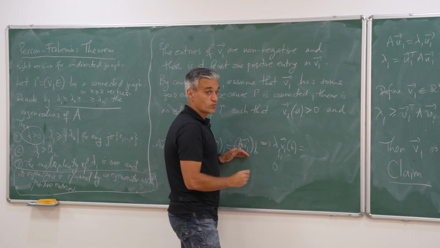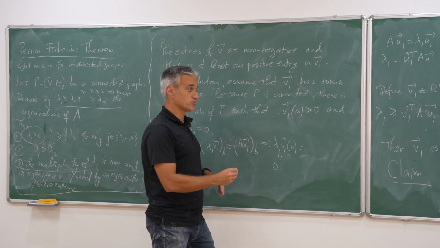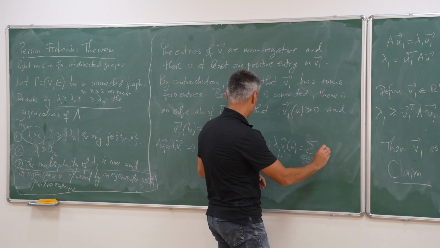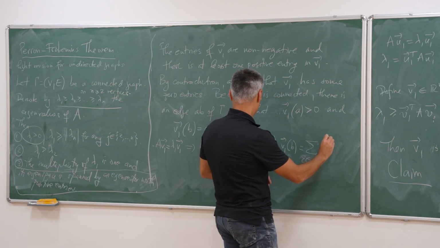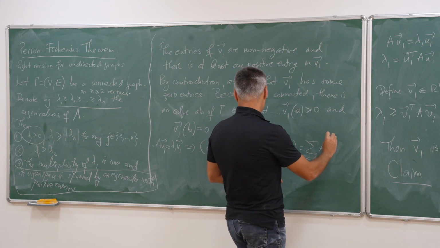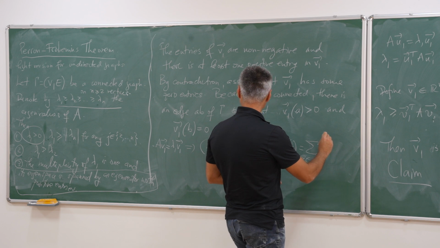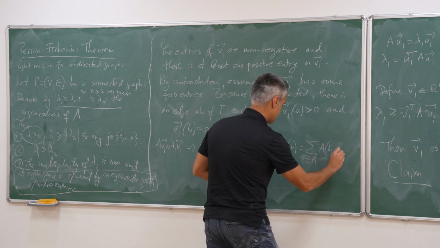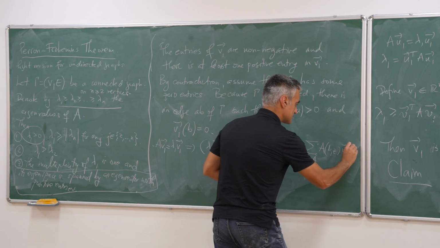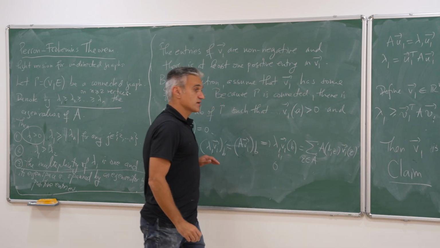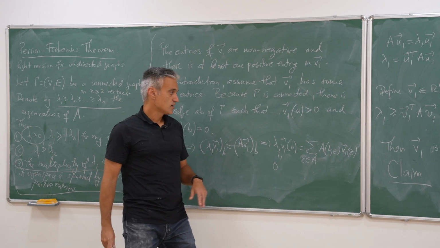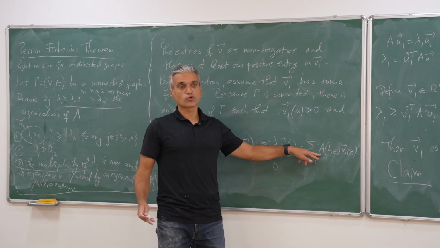So A V1, it's the matrix A multiplied by V1, so it's the sum, let's say, over all Z in V of A_BZ V1 of Z. You take the B row of A, and you multiply it with the vector V1. But A is a 0, 1 matrix.